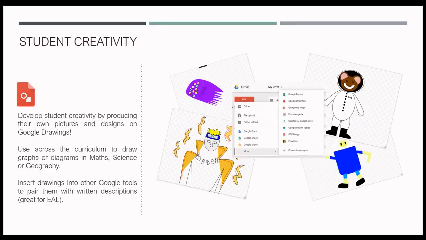a history teacher. Suppose I am a history teacher, I am teaching about Taj Mahal. Before that, I can ask my student to come up with the image of Taj Mahal. So for that, the student will search how Taj Mahal looks, and then they can make use of Google Drawing, in which they can draw that image.